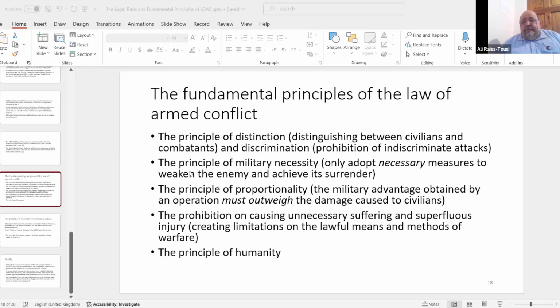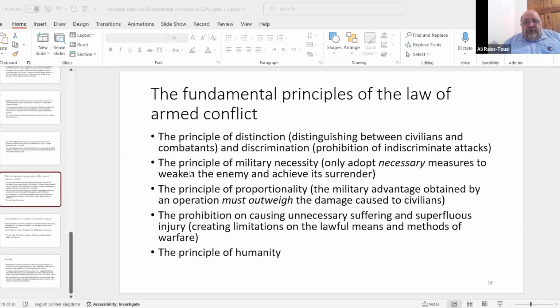The principle of proportionality. You want to carry out an operation. In this operation, you might be able to target enemy combatants, but there might also be so-called collateral damage. Damage to a museum. Civilians may die. Damage to a school, damage to a hospital, damage to civilian infrastructure.